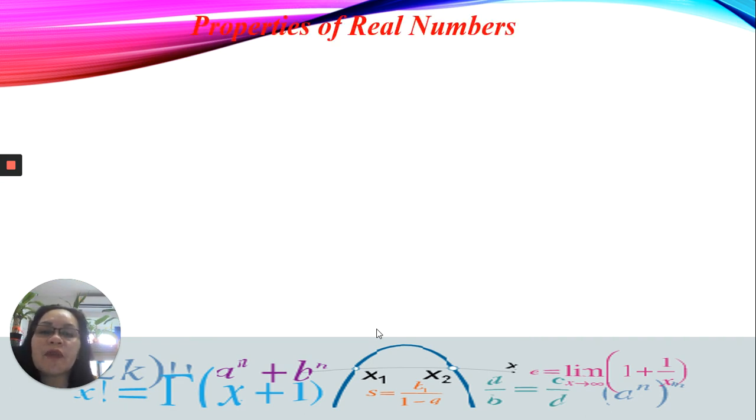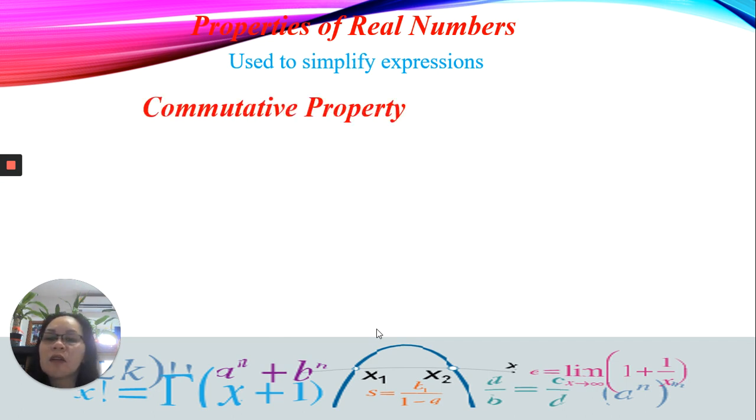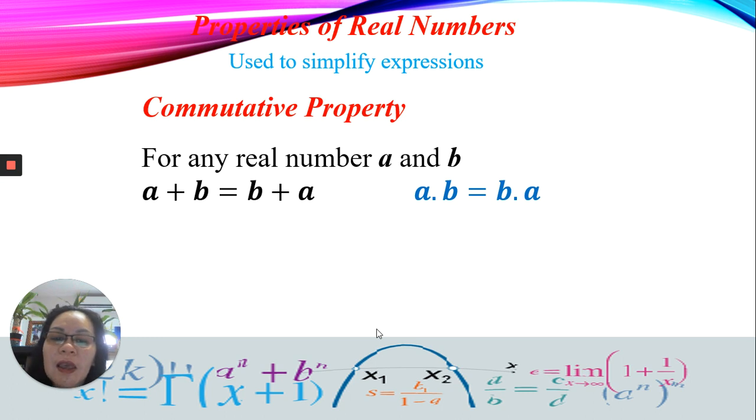And then we have properties of real numbers that we use in simplifying algebraic expressions. So the first property is commutative property. What is commutative property? For any real numbers a and b, a plus b is just equal to b plus a, or in multiplication, you have a times b is equal to b times a. What does that mean?